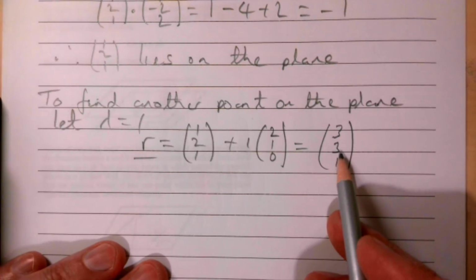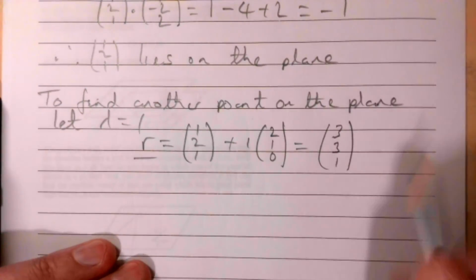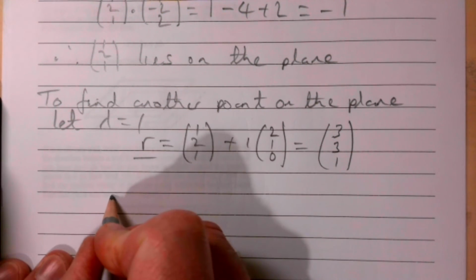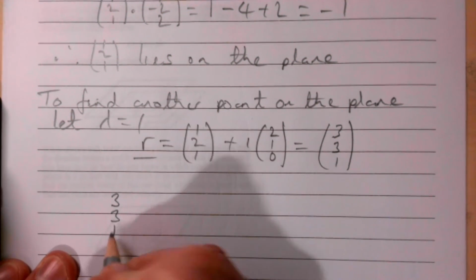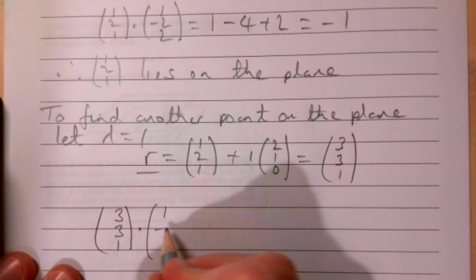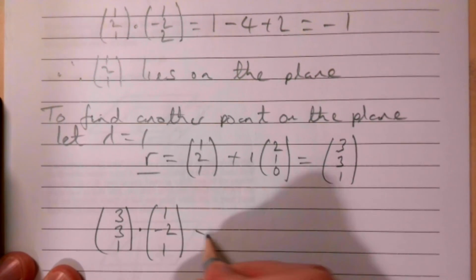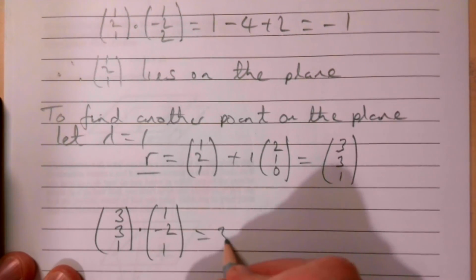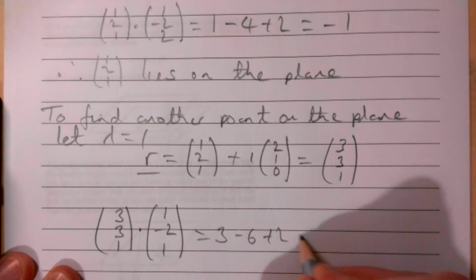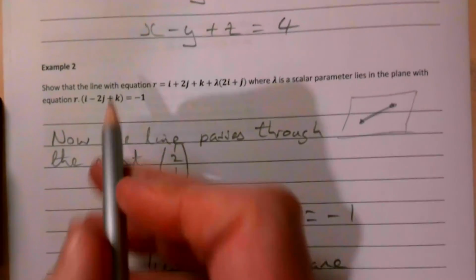If we can show that this one also lies on the plane, then the line must lie on the plane. So we go 3, 1, 1. This is subbing it in now to the plane formula. What's it going to give us? 3 minus 2 plus 2... that equals minus 1. So it works.